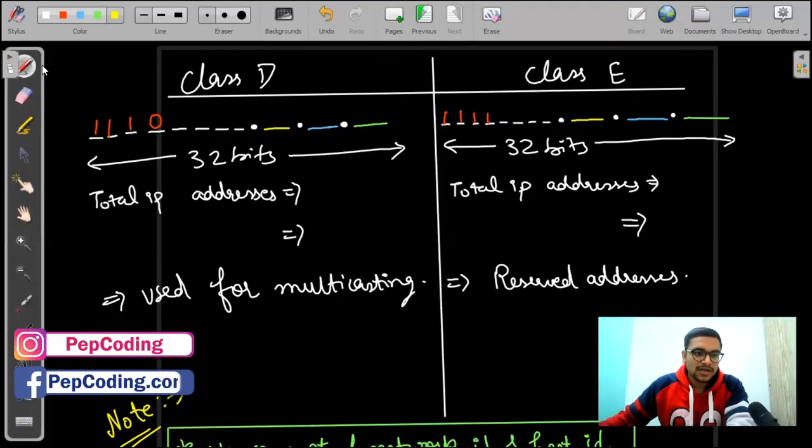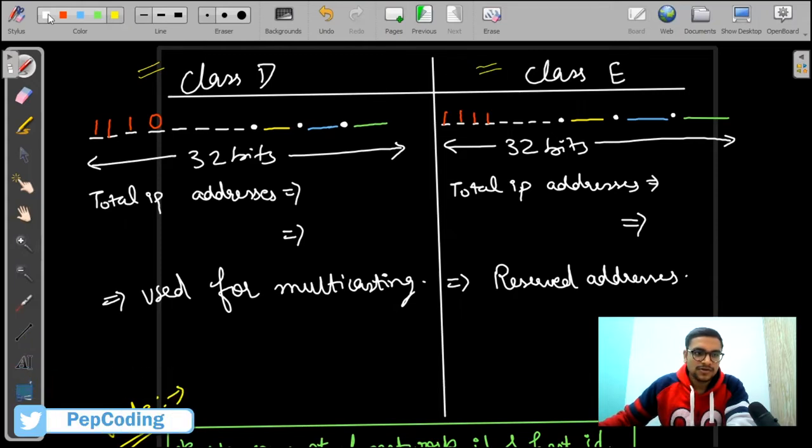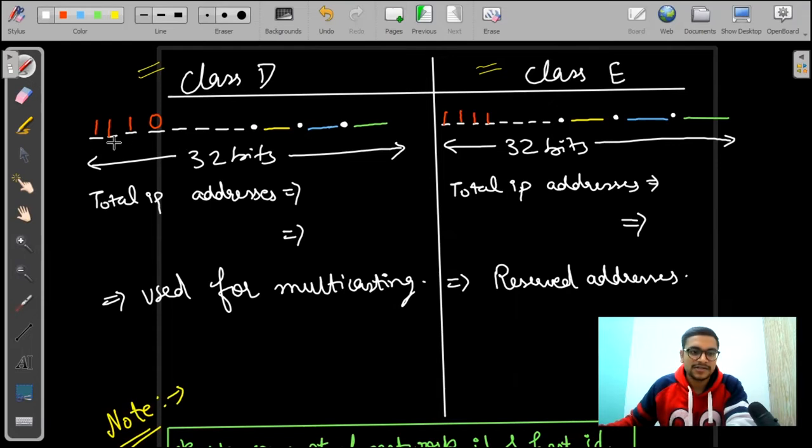When we talk about class D and class E, first of all, we just check the first byte, because it will be clear from the first byte itself. The leftmost 4 bits will be reserved as 1, 1, 1, 0 for class D, and in class E, it will be 1, 1, 1, 1. The rest of the bits can vary.